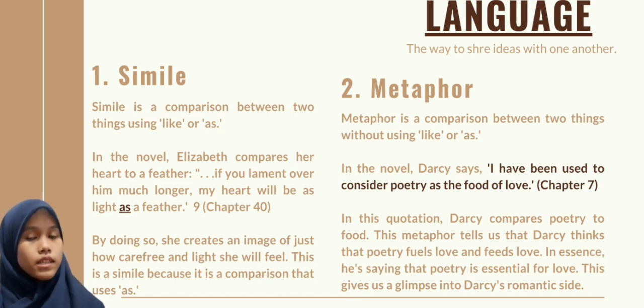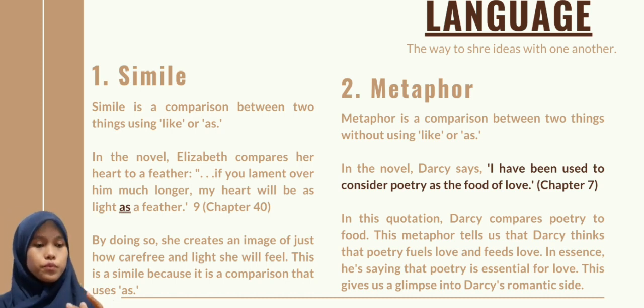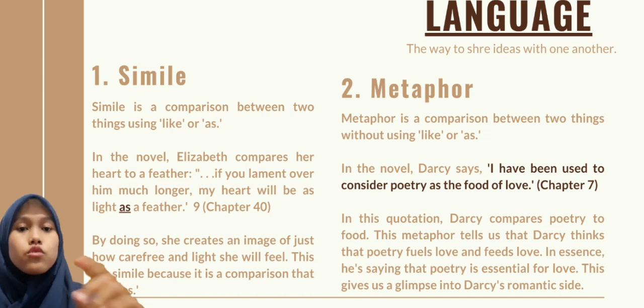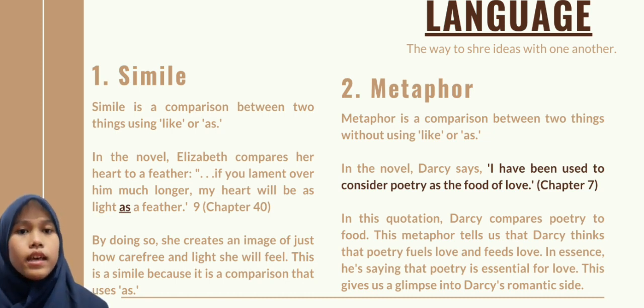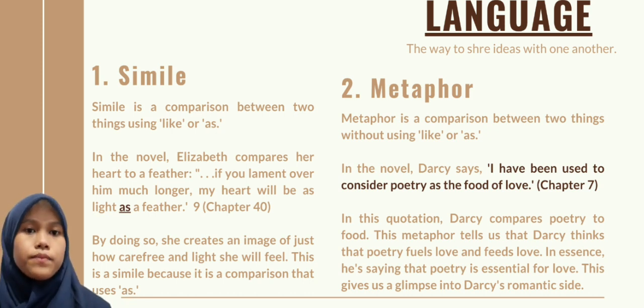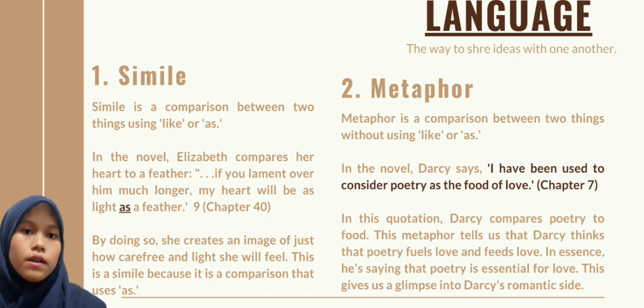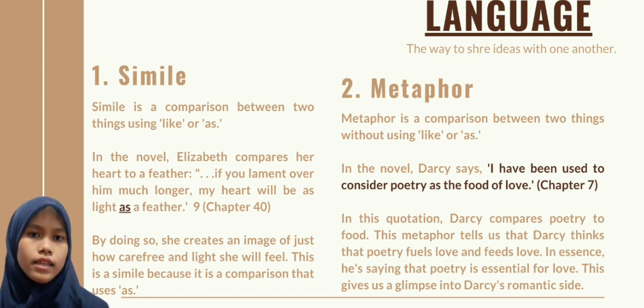In this novel, there is an example to show the simile. Elizabeth compares her heart to a feather. Like this dialogue: "If you limp over him much longer, my heart will be as light as a feather."